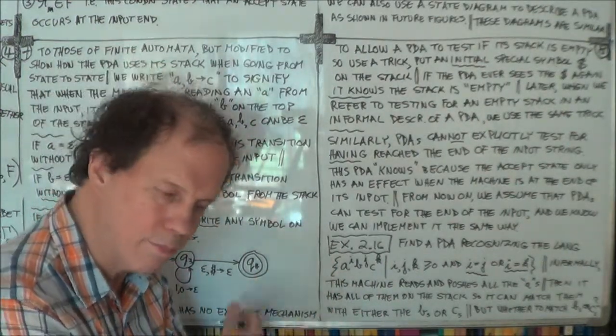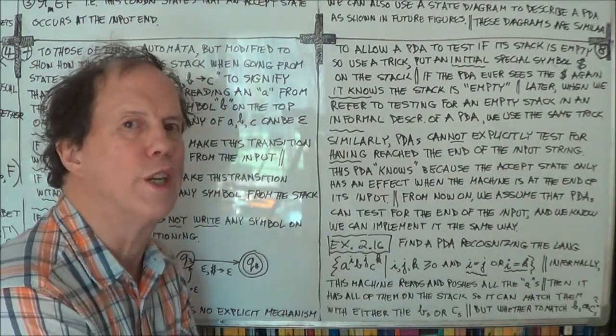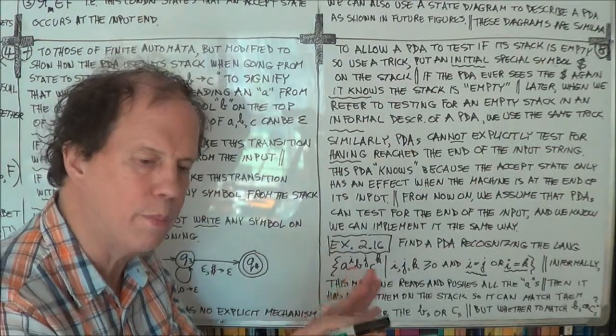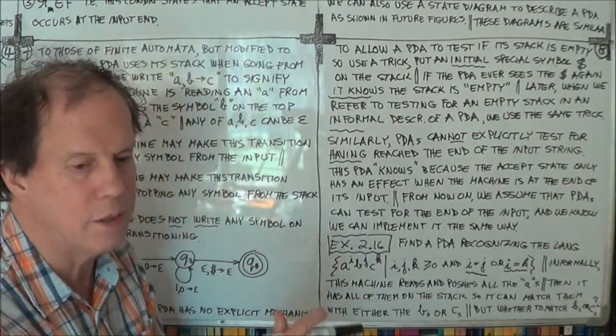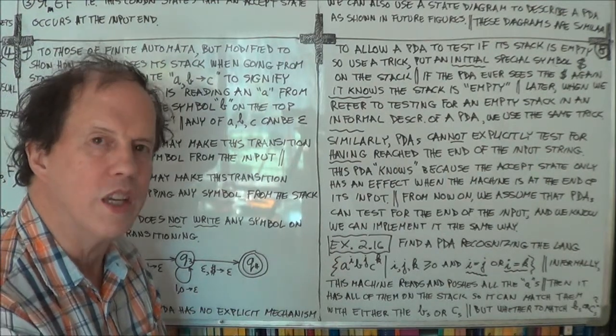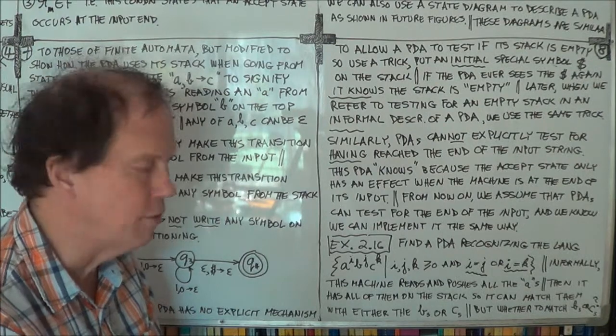This PDA, we've been saying from now on, is a non-deterministic machine. So you can have copies of it independently going down different branches in your tree of states, your history, if you like.